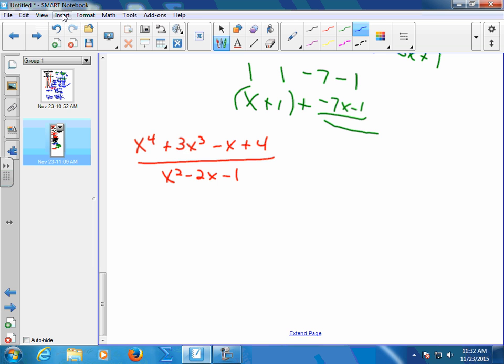So what are my coefficients? 1, 3, 0. Good. So 4, 3, 2, 1, 0. What am I going to divide by? 2, 1. Good. Very good.